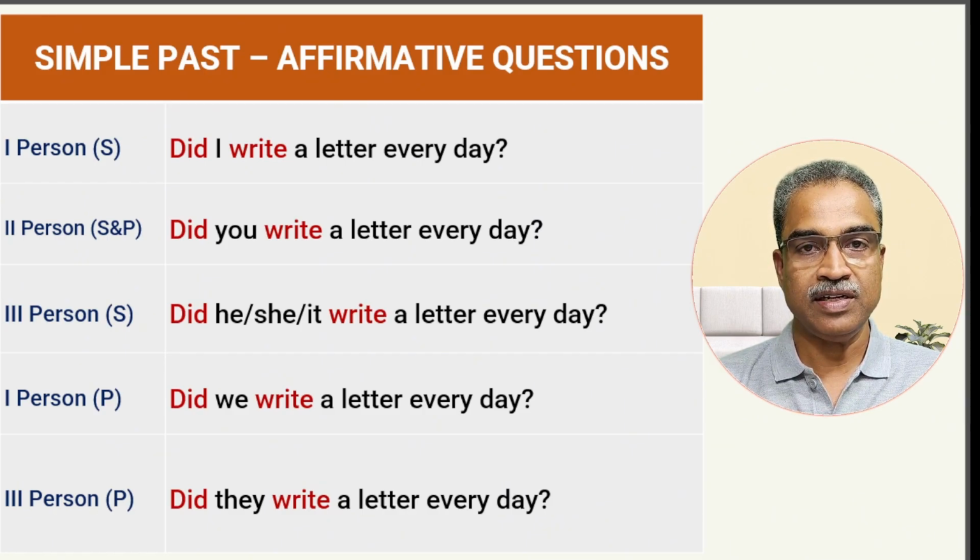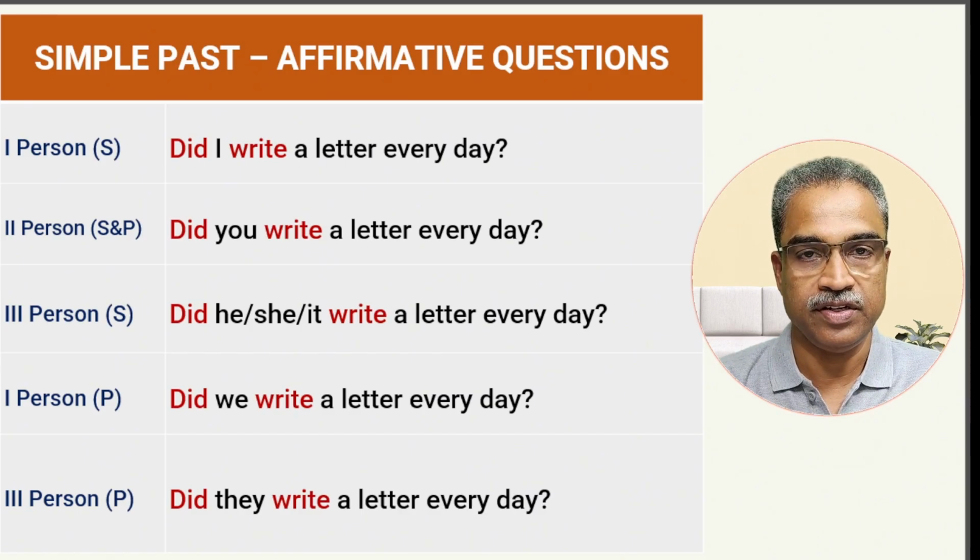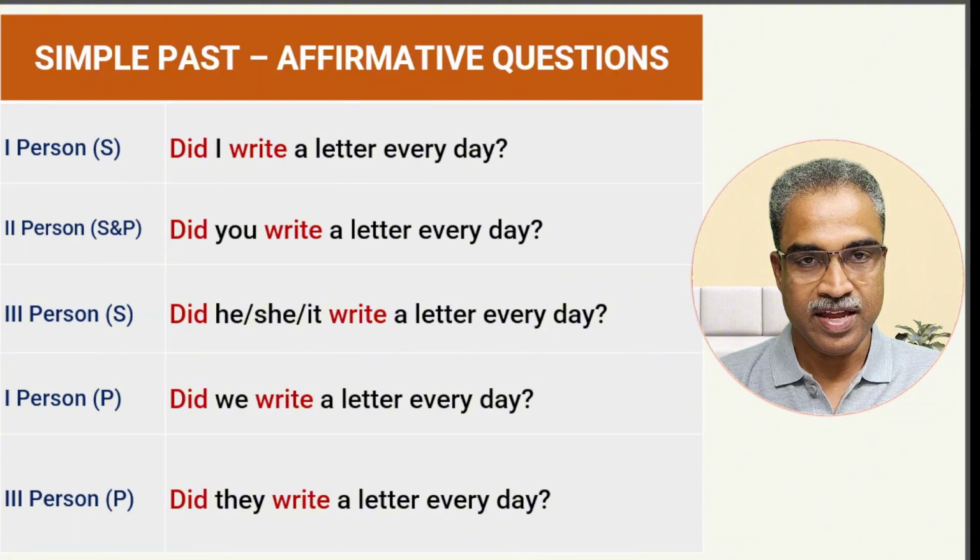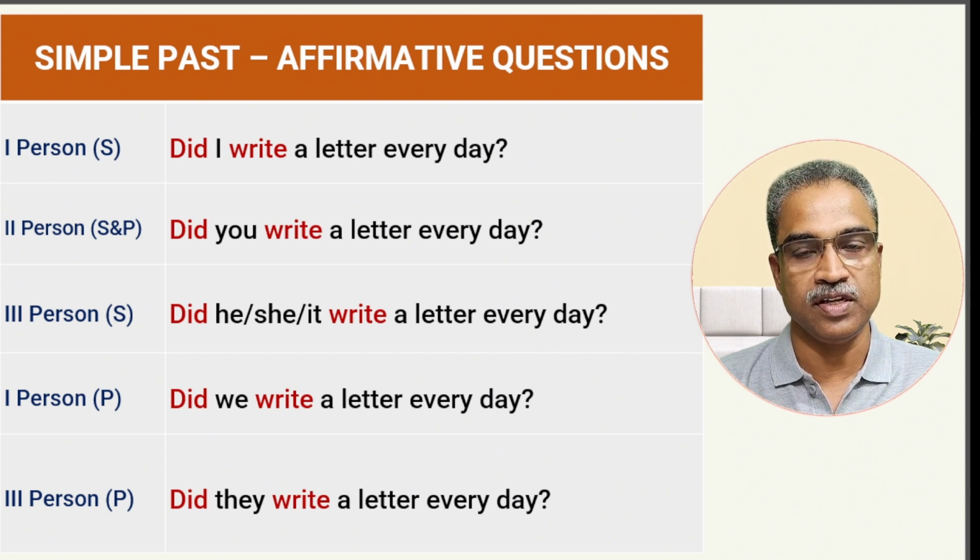She slept early last night. It should be, did she sleep? V1 form. Did she sleep early last night? Yes, sir. She slept early last night. So this is the affirmative question here. I hope it is very clear. Let's now move to our next one.